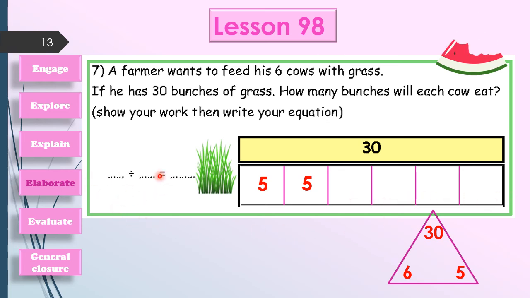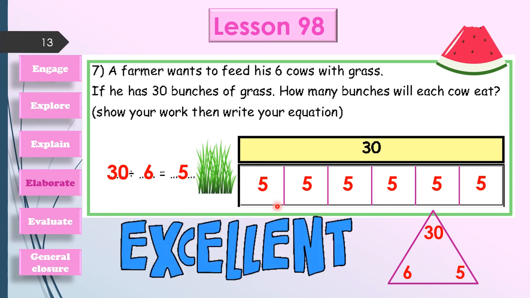Let's prove it mathematically. 30 bunches of grass divided by 6 cows. It will be 5. Then each cow will eat 5 bunches of grass.